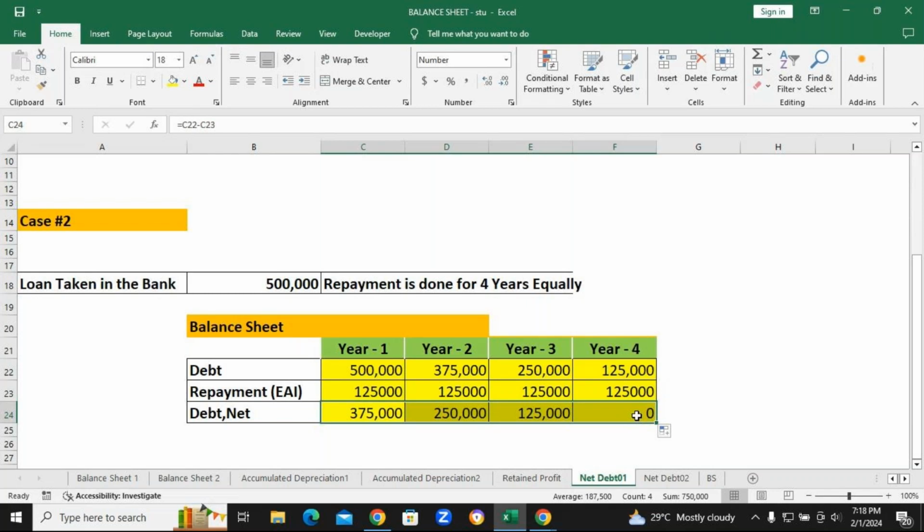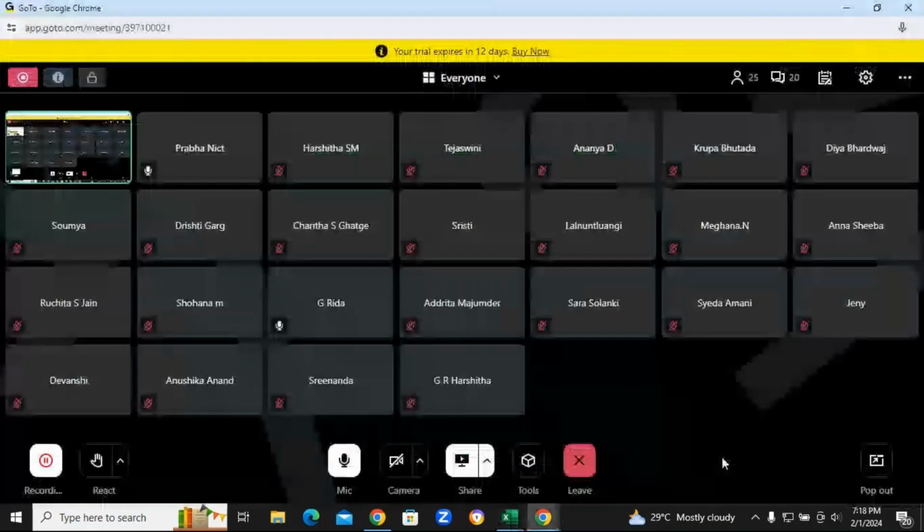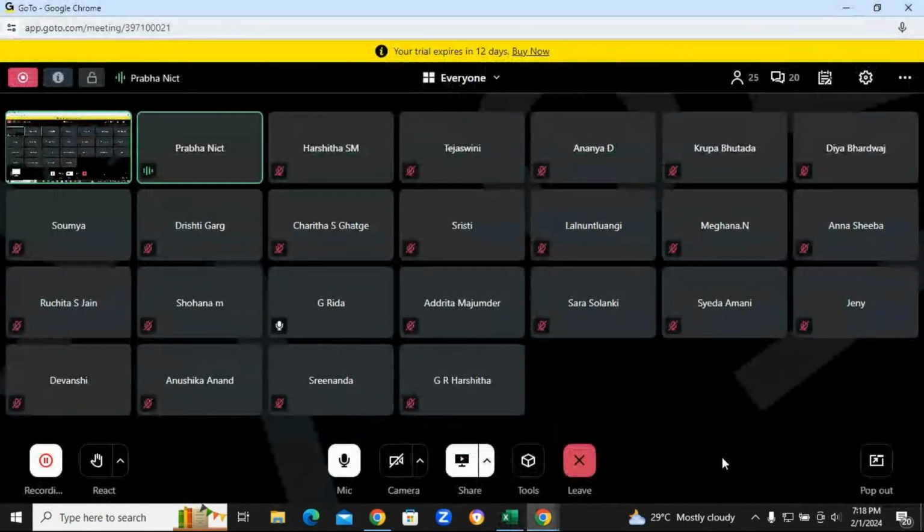Sorry, in the debt calculation I had made a mistake. Hope you people understood. Anybody having doubt? Type in 2 if you people have understood this net debt.